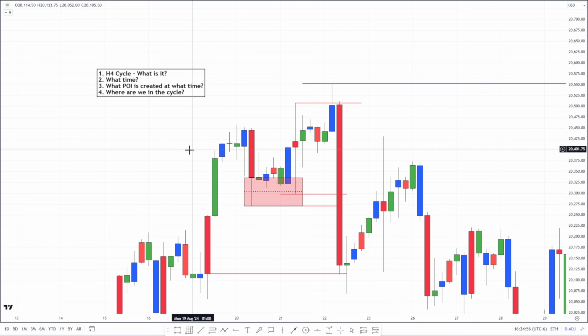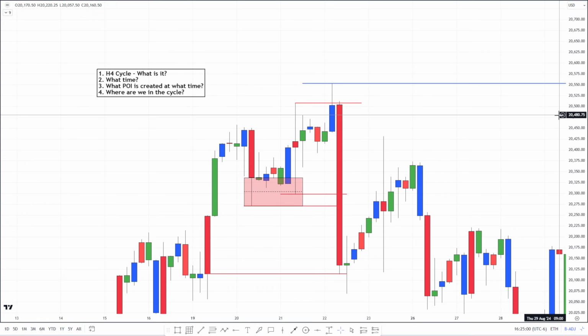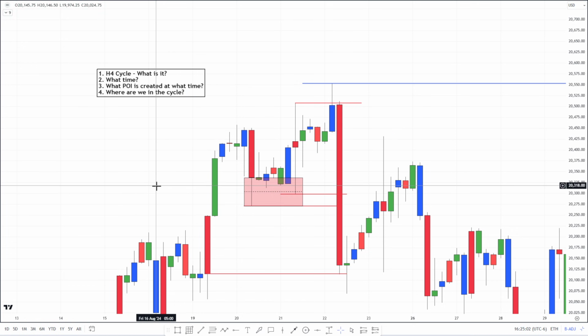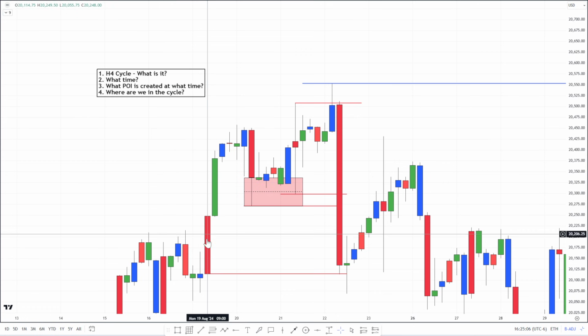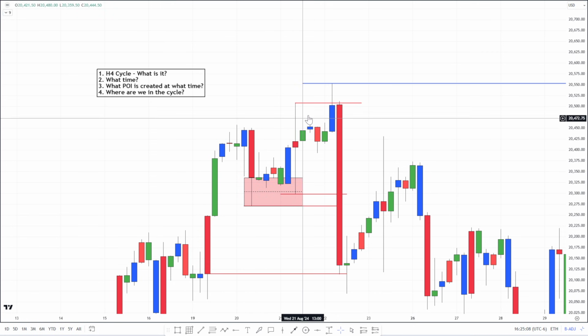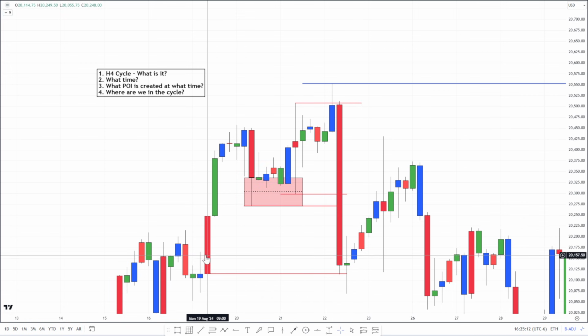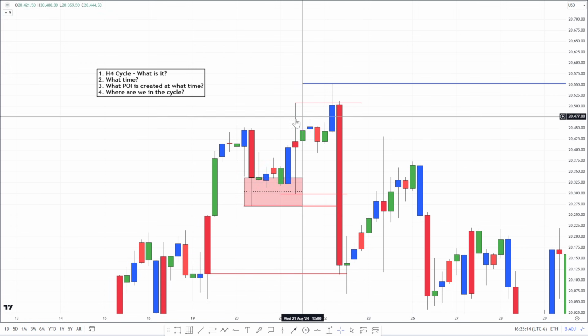And so that's where the beginning knowledge of the H4 time cycle is created, is by identifying a cycle and being able to put together what time frame is creating what.